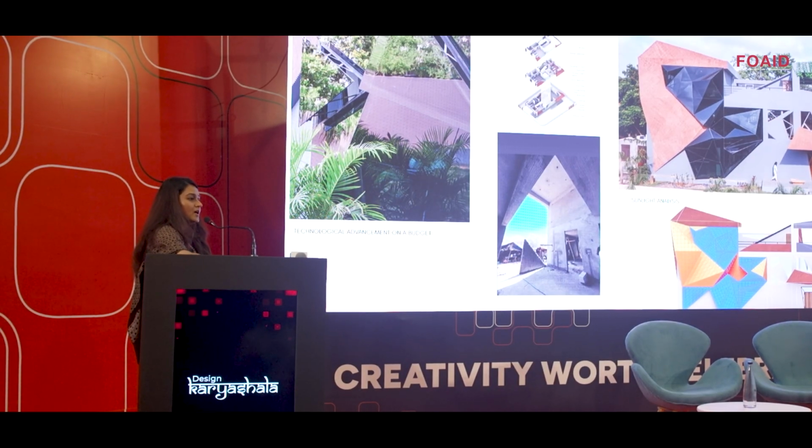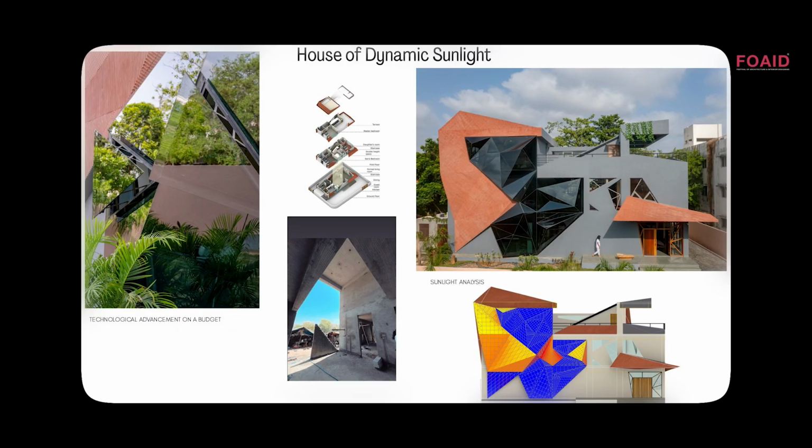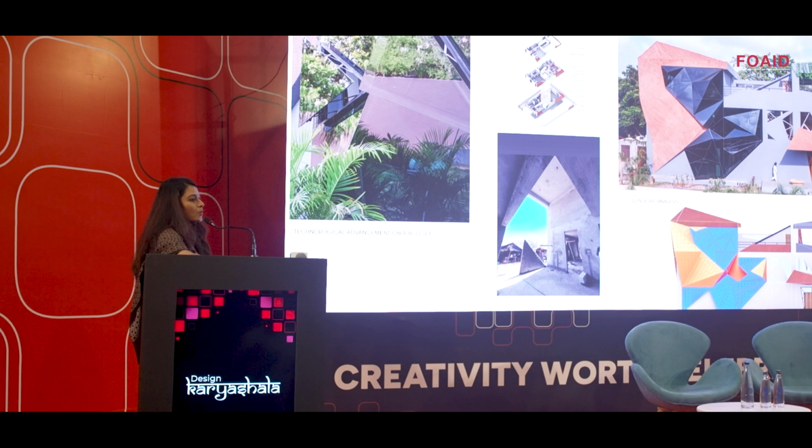It's the most used space in any house, and we made sure that that is the hero element, along with the rooms getting complete views. Even though this space was in between the city, we wanted to make sure that they get uninterrupted views along with privacy and complete shading throughout the day.